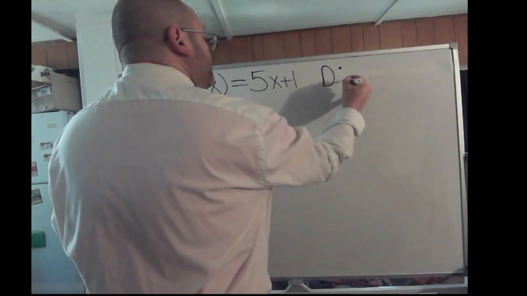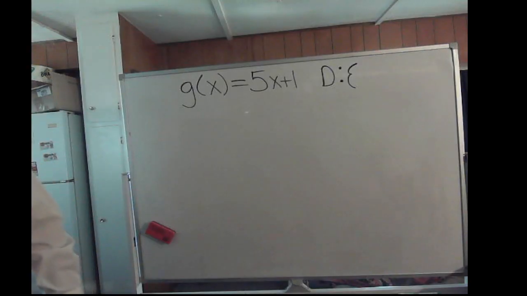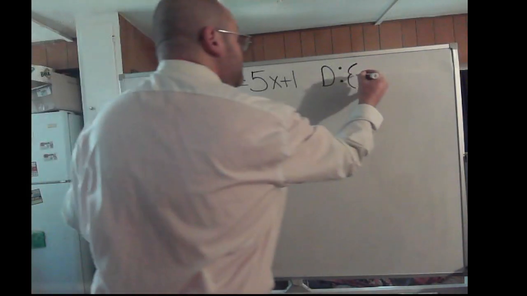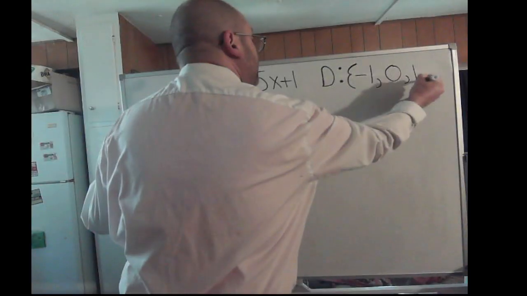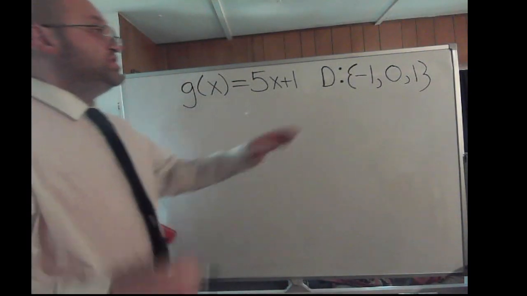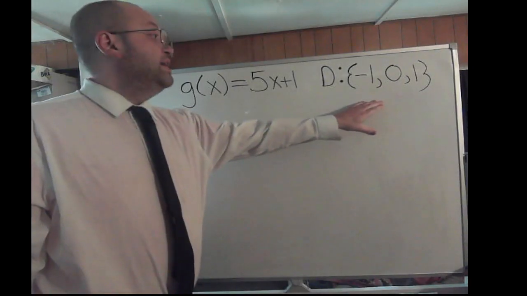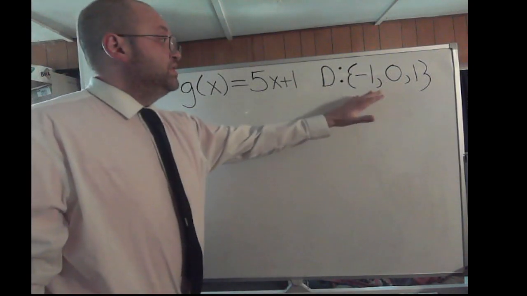They give you the domain is restricted. The domain is restricted to -1, 0, and 1. If we recall from yesterday's lesson, the domain are all the values for the inputs, your x values, that your function can have.